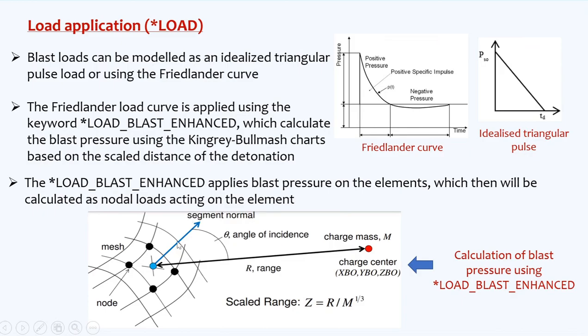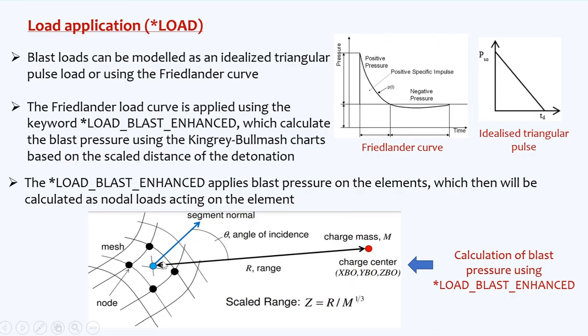This is how the blast enhanced load applies the pressure load. In the initial section, we applied the triangular pulse load as a nodal load. Here, the load blast enhanced will apply the force based on the angle of incidence, the range R value, and M value.